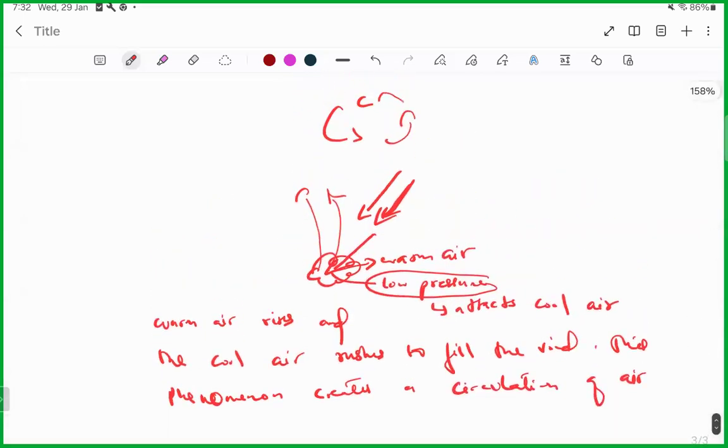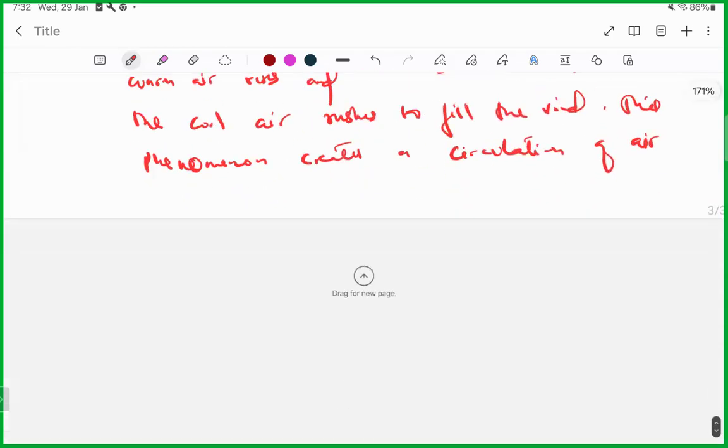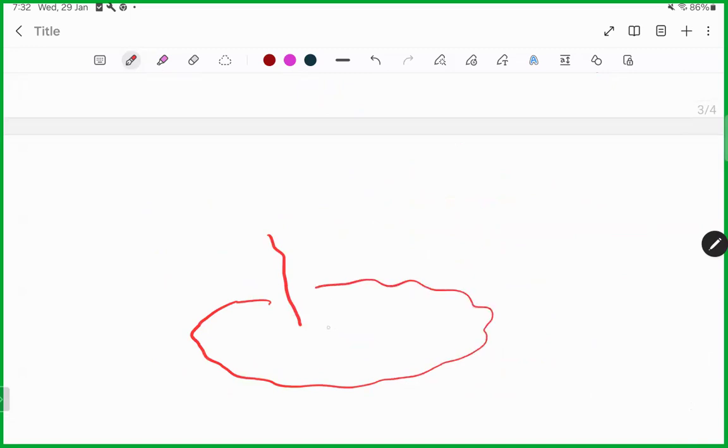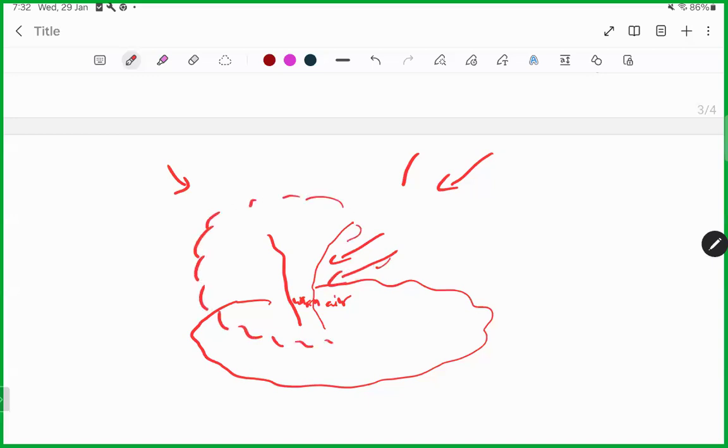The low pressure region is a warm region where the air is warm, which expands and then rises. So this is the ocean, and this is the warm air there. And then the cool air is coming from high pressure to low pressure. As it encounters the warm air, it creates a circulation of wind.